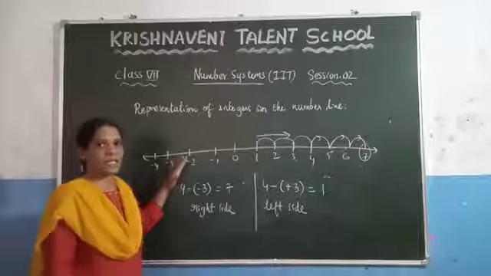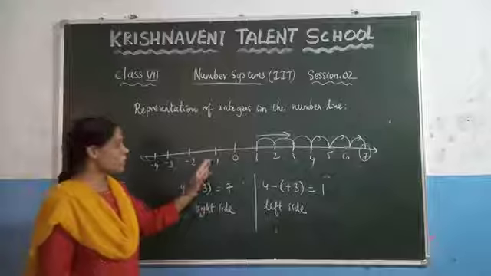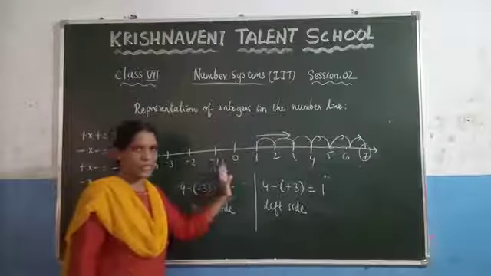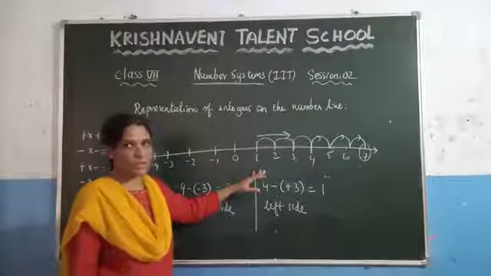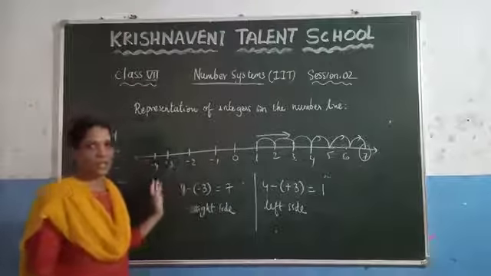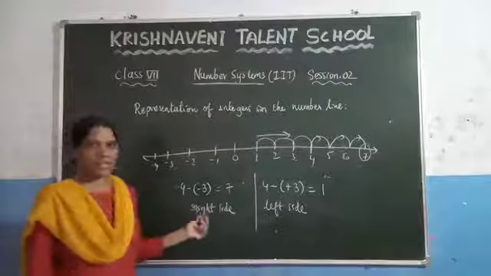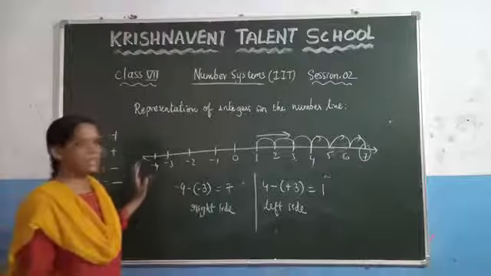So what we have discussed up to now, representation of integers on the number line. If you want to represent integers on the number line, first you need to draw the number line. After that you have to place 0 at the center. To the right side of the 0 you have to represent the positive numbers. To the left side of the 0 you need to represent the negative numbers. And after that we discussed about the addition of the integers and the subtraction of integers on a number line.